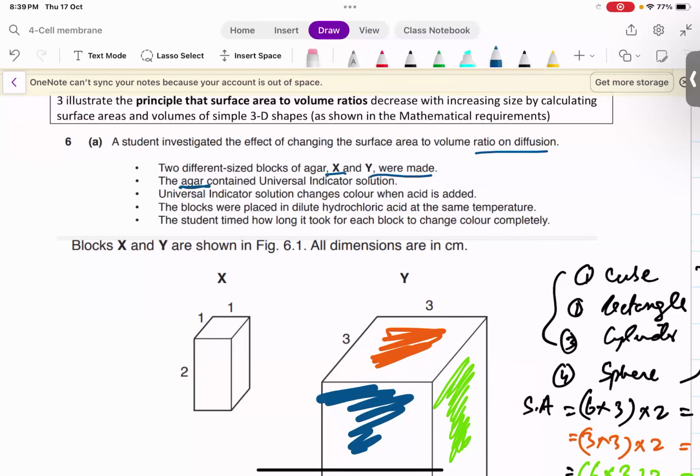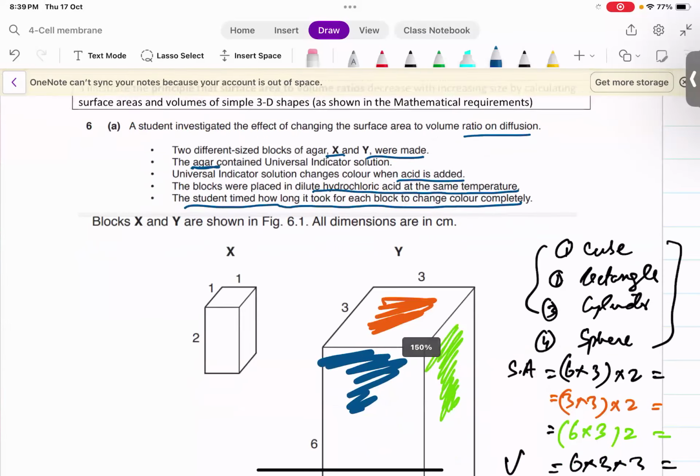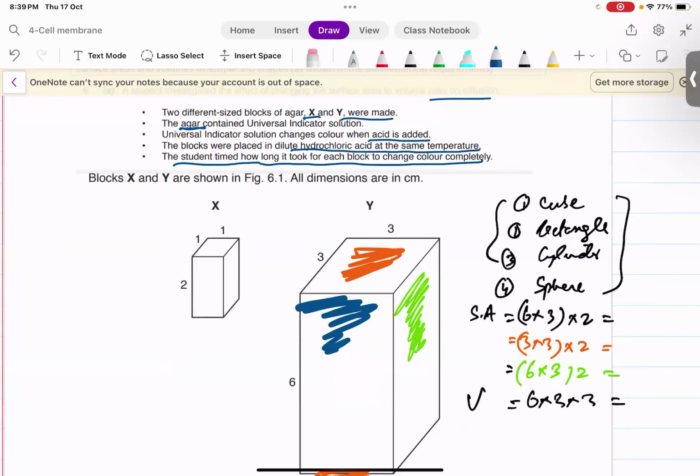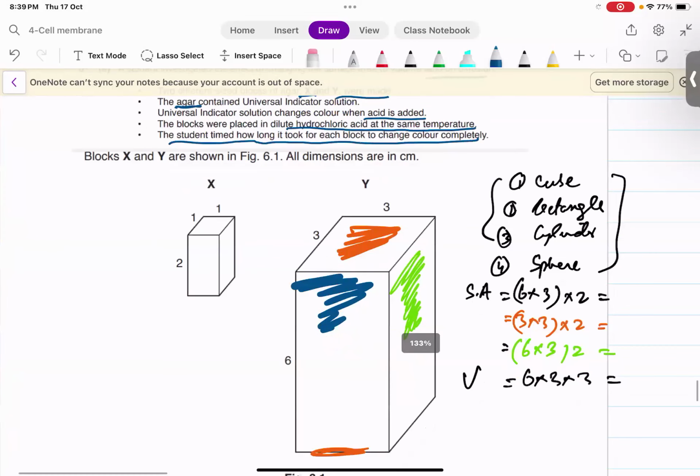A universal indicator solution changes color when acid is added, and the blocks were placed in dilute hydrochloric acid at the same temperature, and the student timed how long it took for each block to change color completely. Blocks X and Y are shown in figure 6.1. All dimensions are in centimeters.